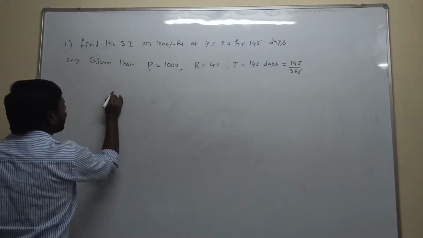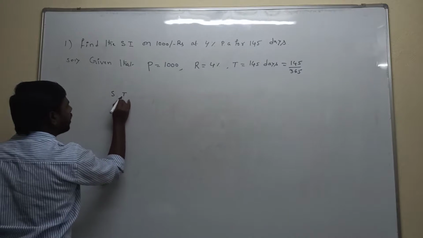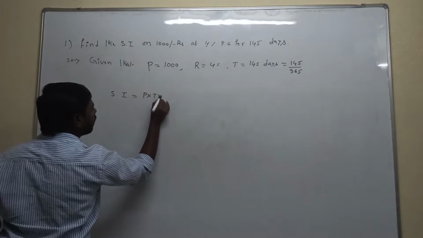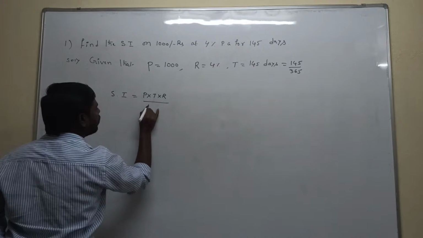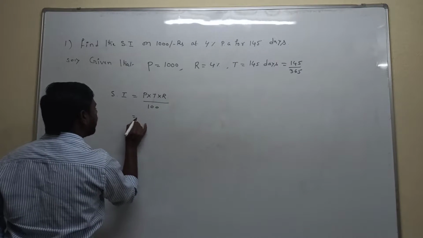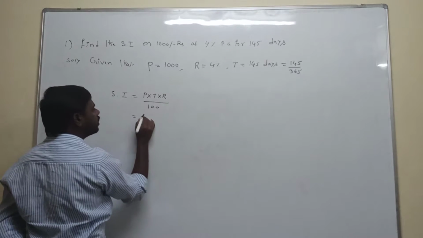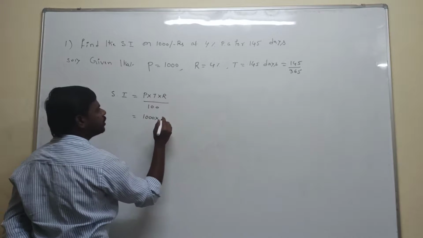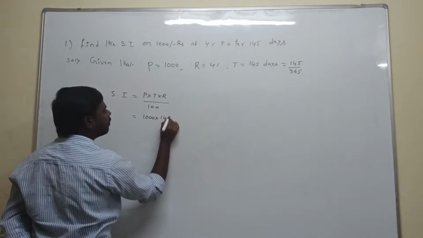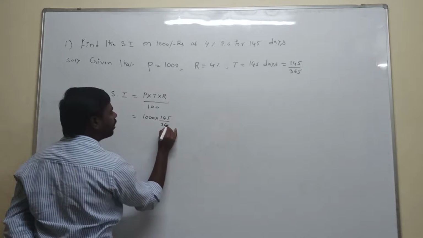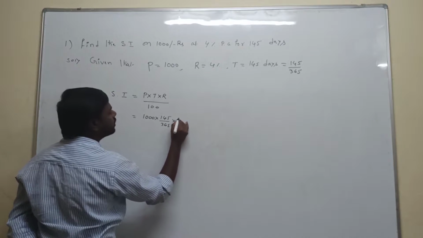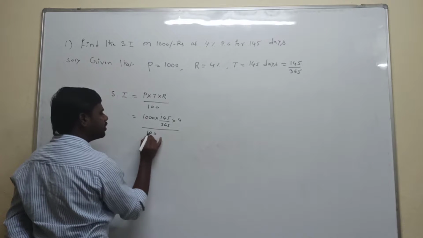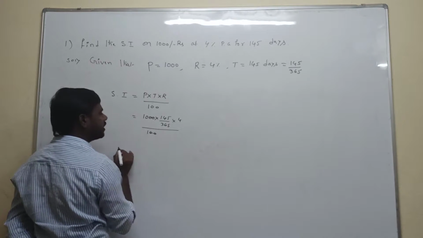So we apply the simple interest formula, PTR by 100. Now we substitute the values. The principal amount is 1000 rupees, time T is 145 by 365, into the rate of interest 4 divided by 100. Now the two zeros get cancelled.